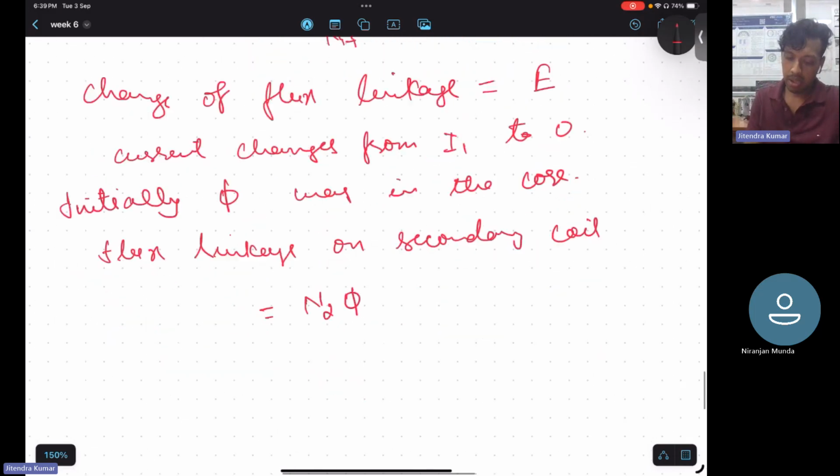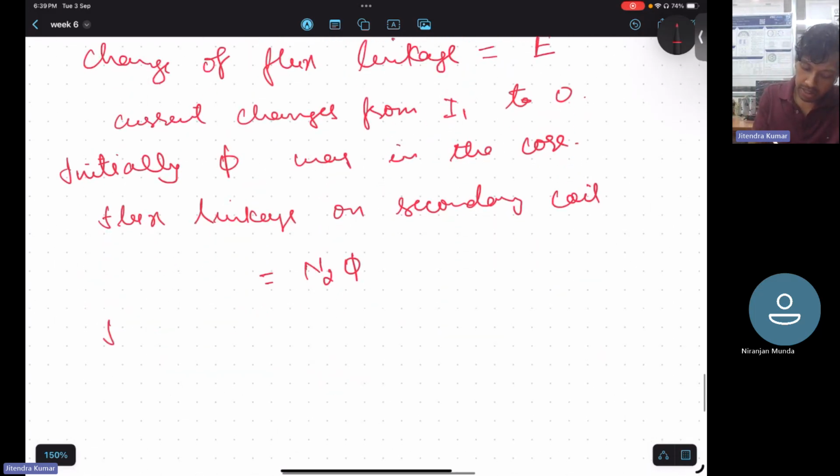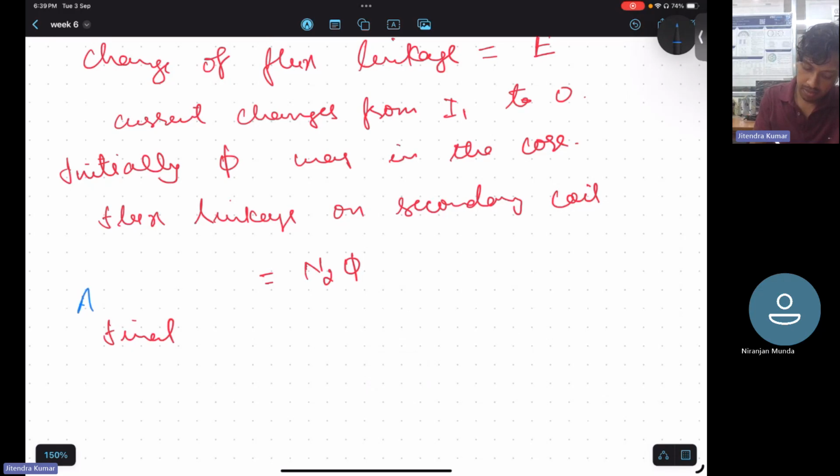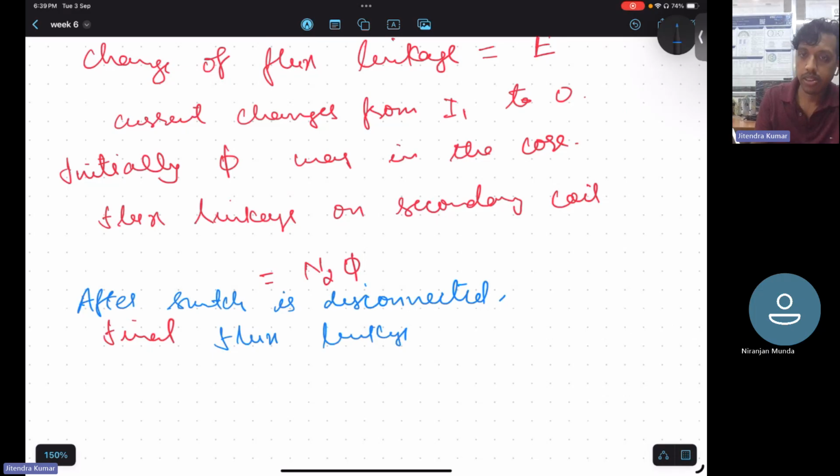So the final flux linkage after the switch is disconnected is 0.